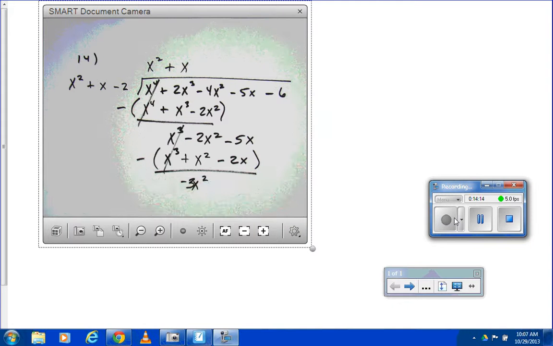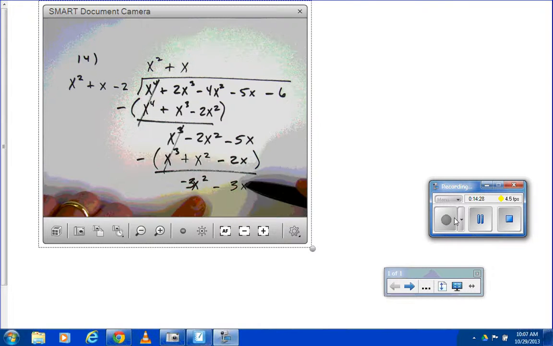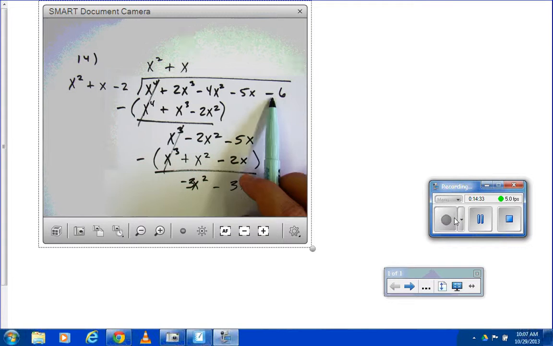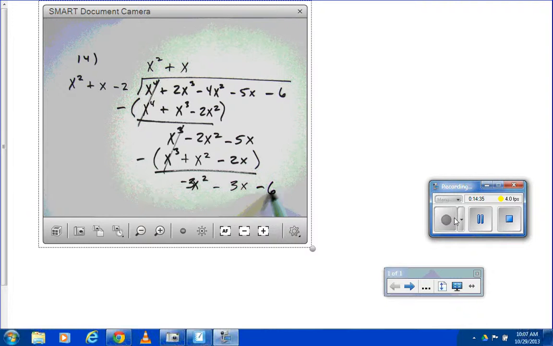Does that make sense? Negative 2 minus 1 is really what we're looking at there. Now, this right here, this would be negative 5x plus 2x, which would be negative 3x. And y'all, when it comes to long division, that's where everybody makes their mistakes, is all that subtracting. Okay? All right, now let's bring down the last one, and we got one more division to do.